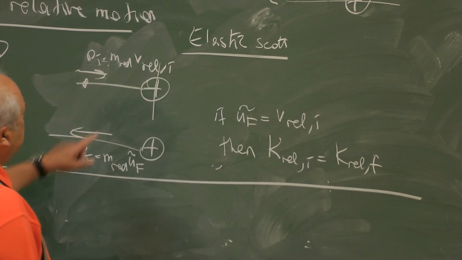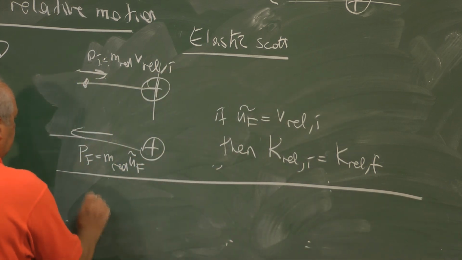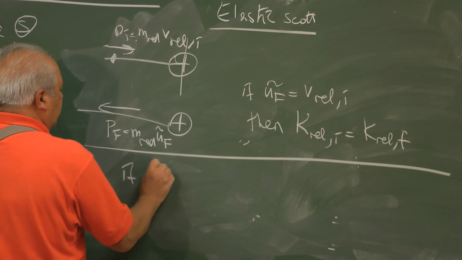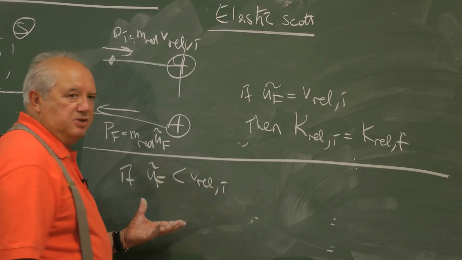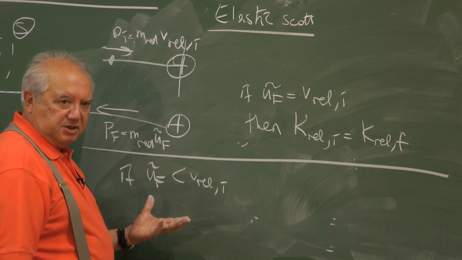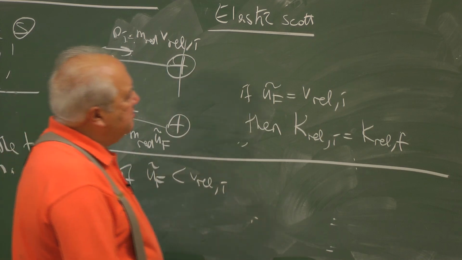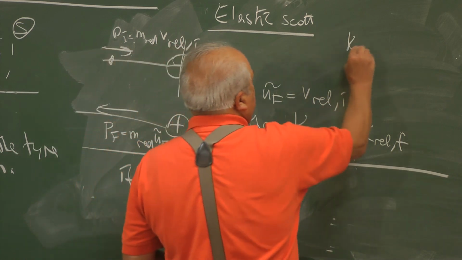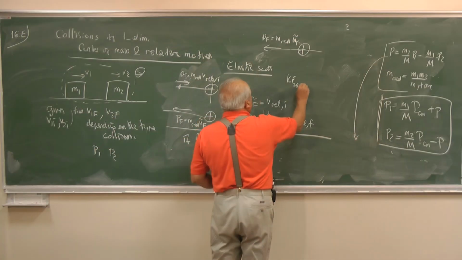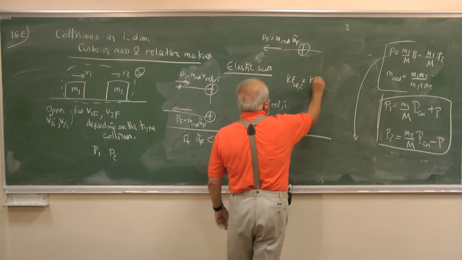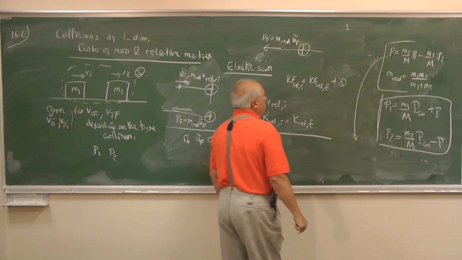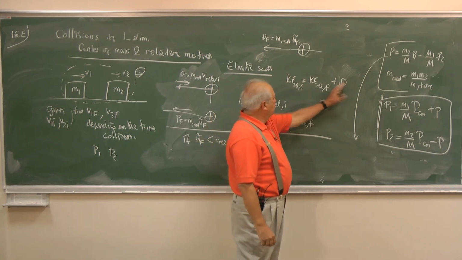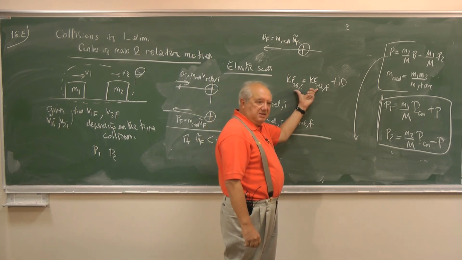Or if UF is less than V relative I, then that means we have lost some energy. Okay? So the energy balance we can write like this. KE relative initial is equal to KE relative final plus Q. So if Q is 0, we have elastic scattering.